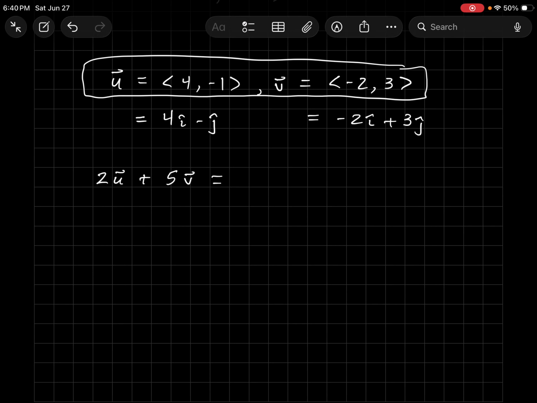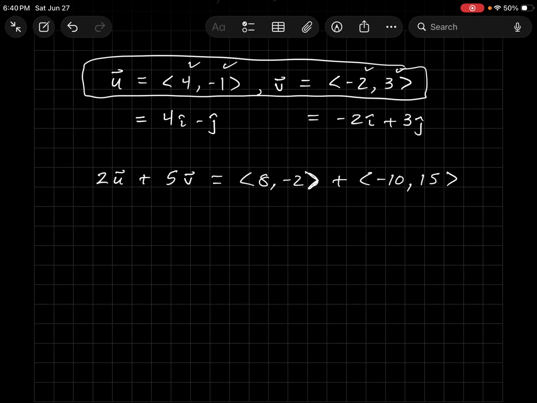Well, very simply. Let's multiply 2 times u. So I'm going to multiply 2 by each of the components of u, giving me 8, negative 2. And then I'm going to multiply the 5 by each component of v, giving me negative 10, comma 15.